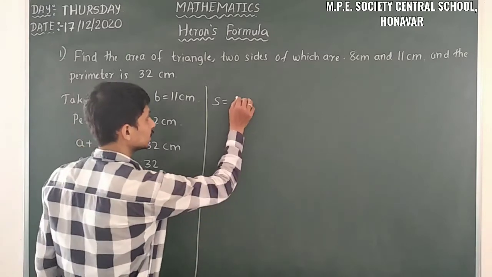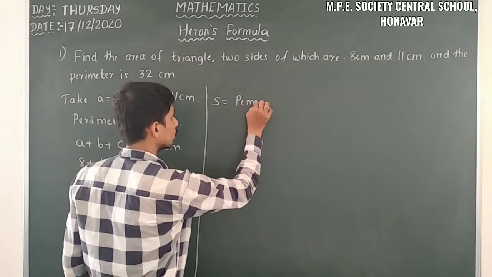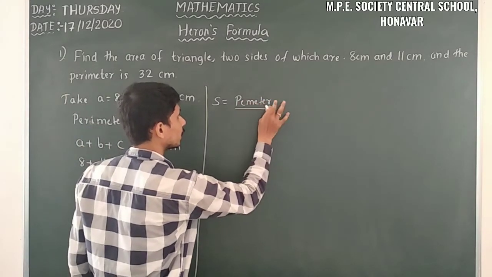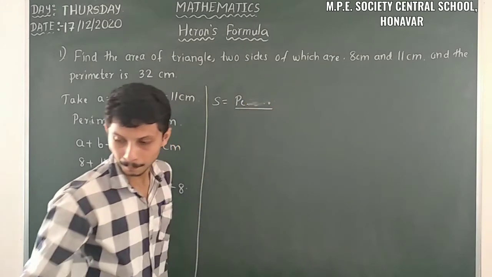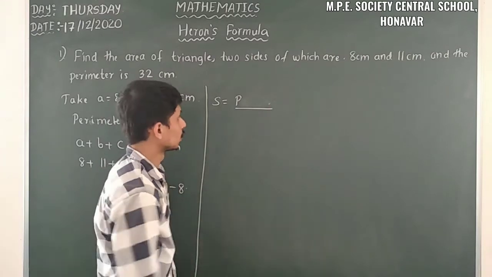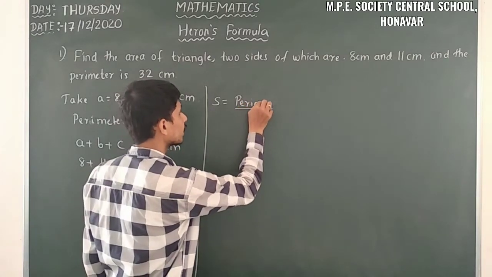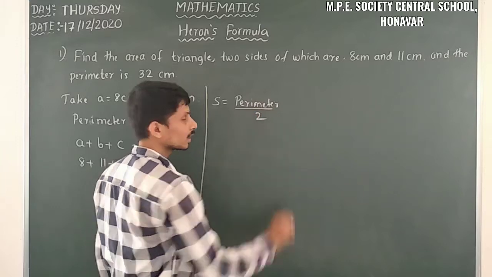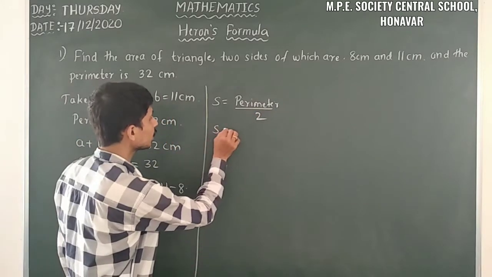So S is equal to perimeter divided by 2. What is the value of the perimeter here?